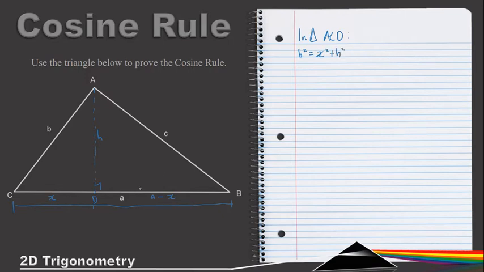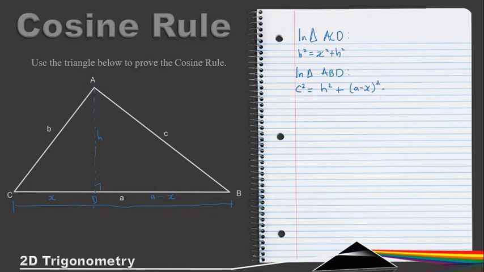Right, and then to do the same in the second triangle ABD, we have for Pythagoras, c squared equals h squared plus (a minus x) squared.